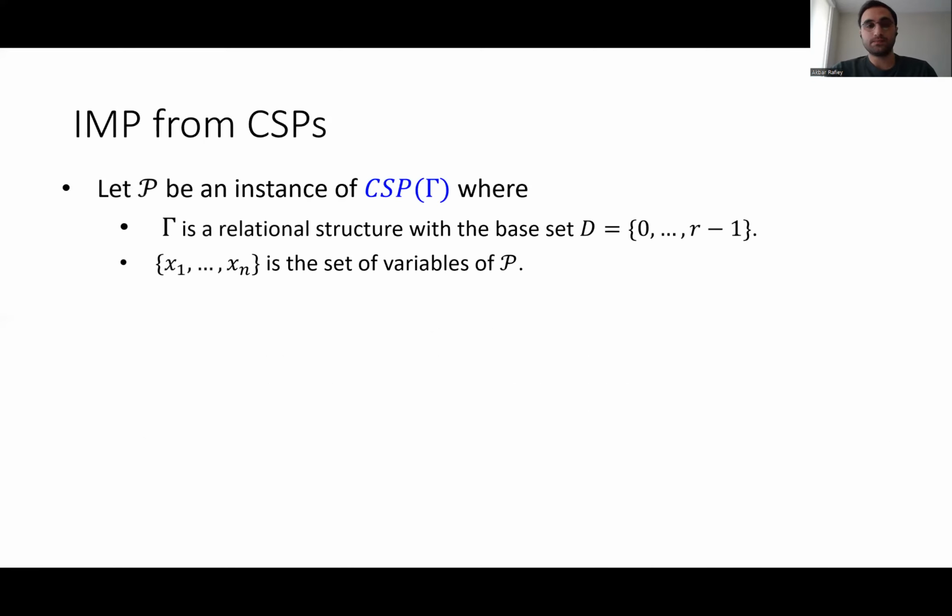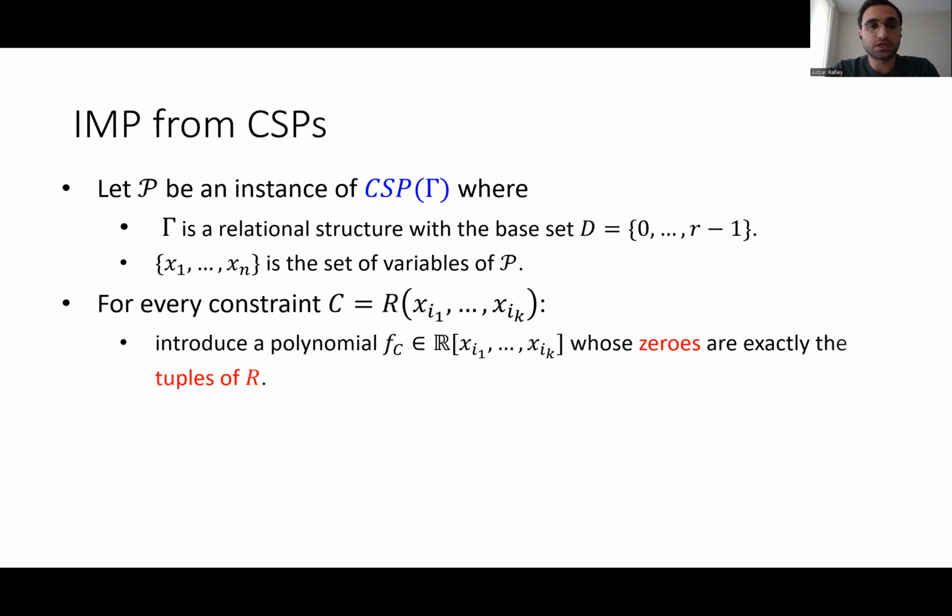Now, for any instance of CSP gamma, as we saw in the case of two coloring, we can construct an ideal. The way that we construct the ideal is as follows. For every constraint that we have, we introduce a polynomial whose zeros are exactly the tuples from R, the predicate that we have.